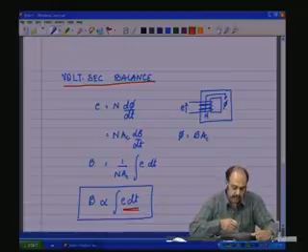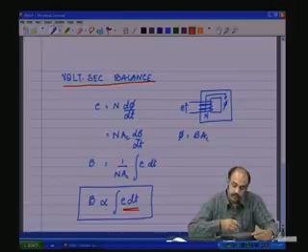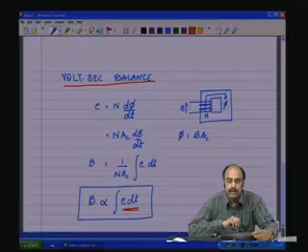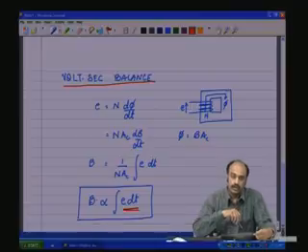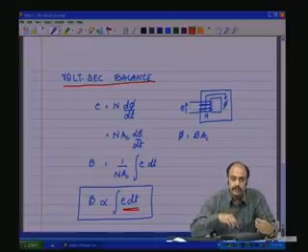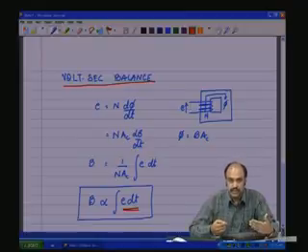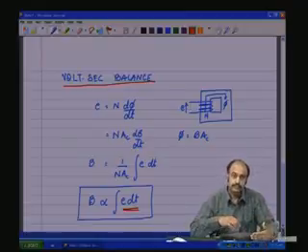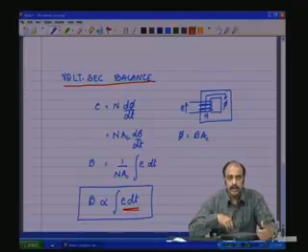If E is a DC constant value, on integrating, this would be a constant into T, which means it is a continuously increasing value, and after some time the flux density reaches its limit. For every type of core material, there is a value of flux density beyond which the flux density will not increase. That is when we say the core is saturated and it loses its electromagnetic property.